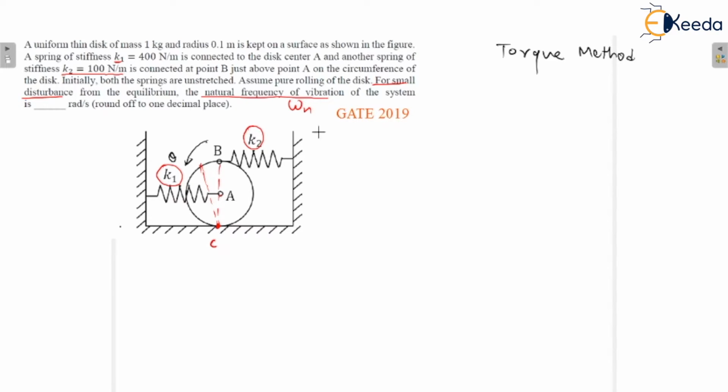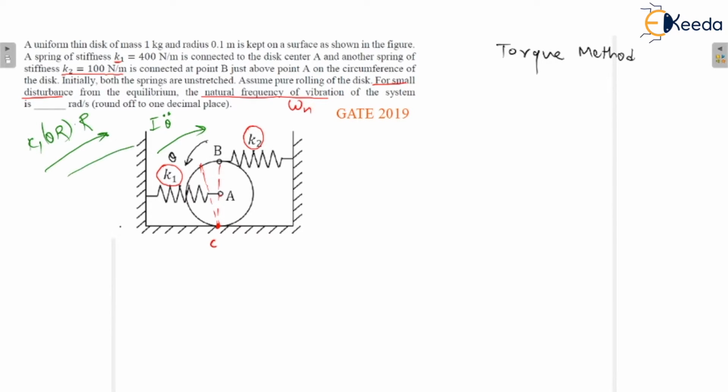So there will be a theta in that direction, and the inertial torque would be opposite to that, I theta double dot. Due to the spring K1, the torque due to the first spring would be K1 theta into r, because we are taking the moment about C, so theta r multiplied by r.